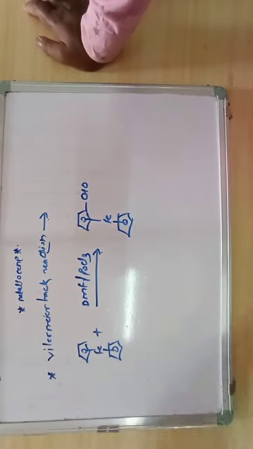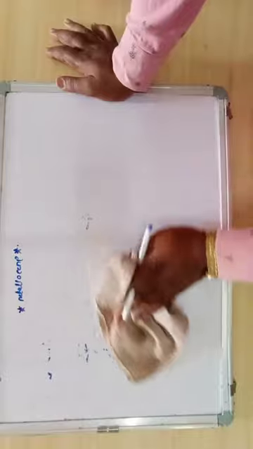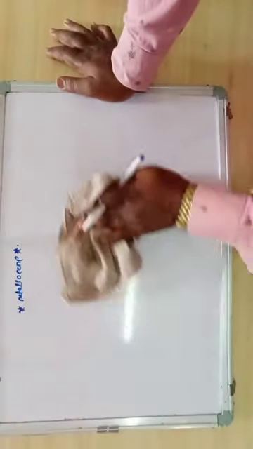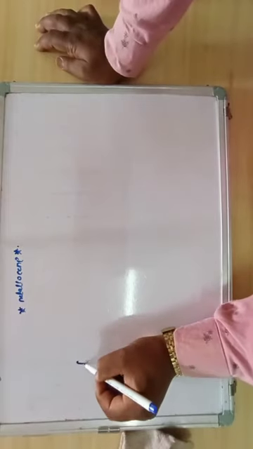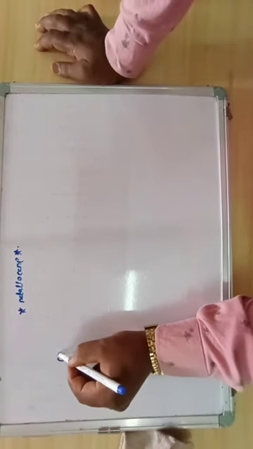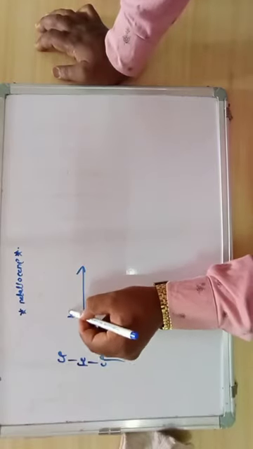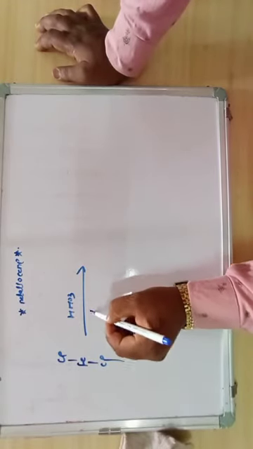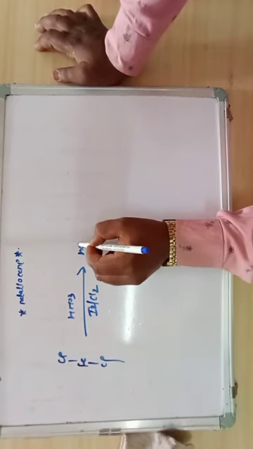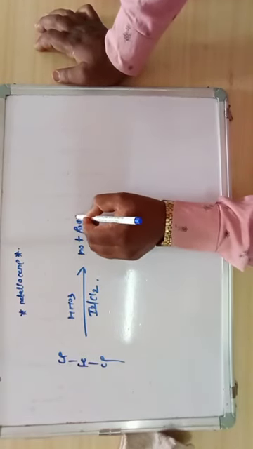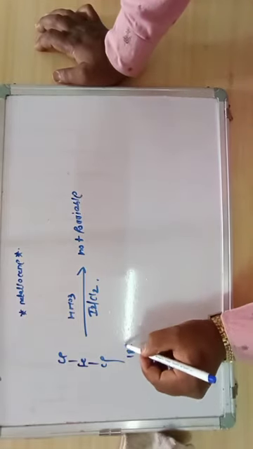Again, direct nitration and halogenation reactions of this ferrocene are not possible. So you should keep in mind that direct nitration with HNO3 or halogenation with I2 or Cl2 is not possible, because this is an 18 electron species.